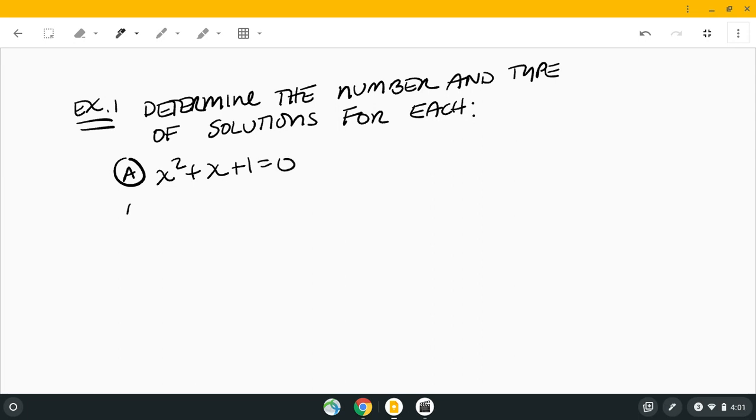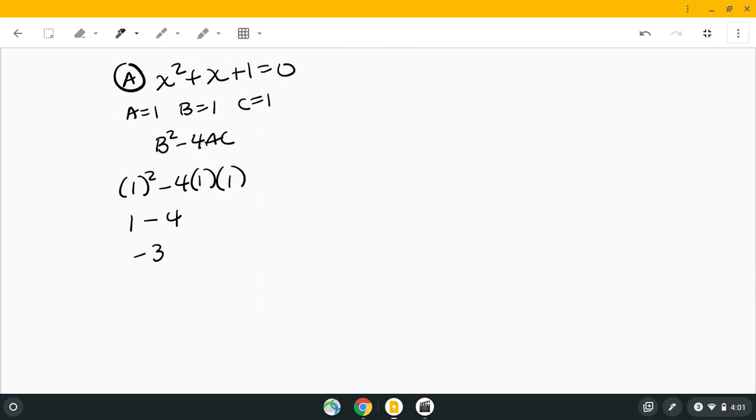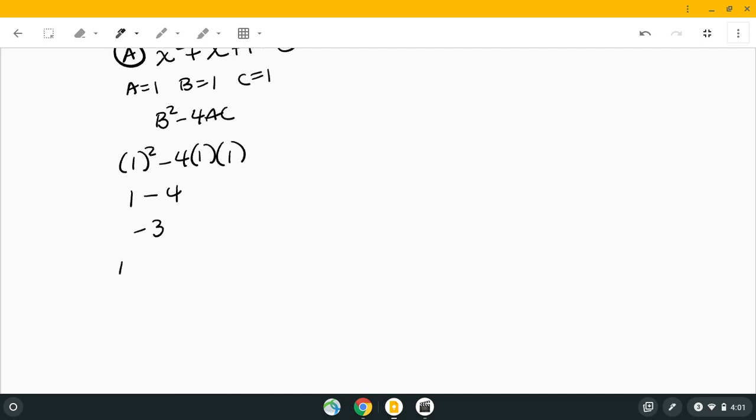So a is 1, b is 1, c is 1. We want to know what sort of result we get with this. We get 1 minus 4, and this is negative. We get a negative under the square root, so that's going to give us imaginary. So this means we get 2 complex solutions.